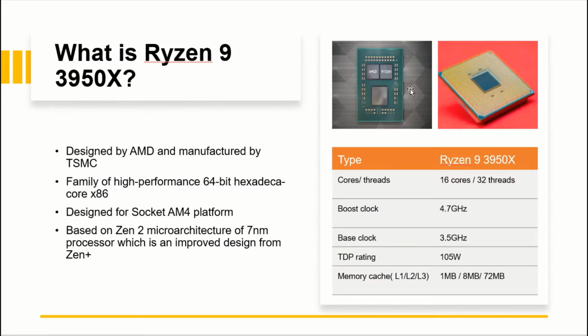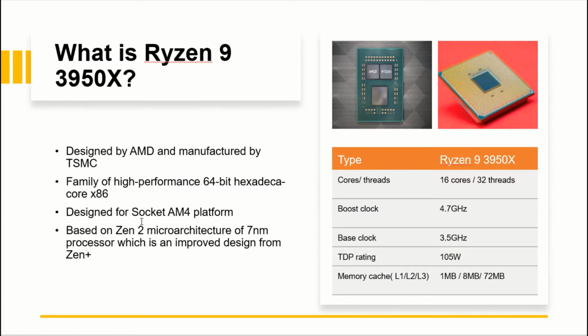First of all, what is Ryzen 3950X? Ryzen 3950X is a family of high-performance 64-bit hexadecimal core x86 processors designed by AMD and manufactured by TSMC. Hexadecacore refers to 16 cores on a single die, and x86 is an instruction set architecture.